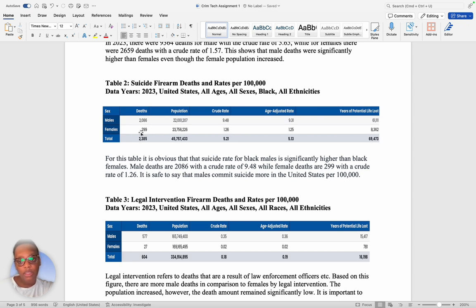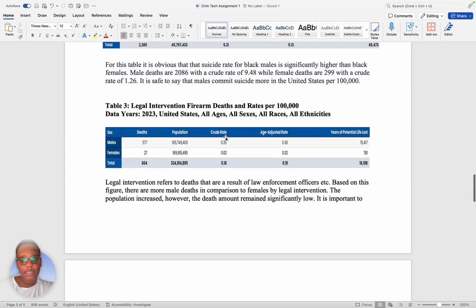Even though depending on just the figures can be misleading, the crude rate when calculated is significantly high. I believe it's 8 times higher than for black females in the United States, right?